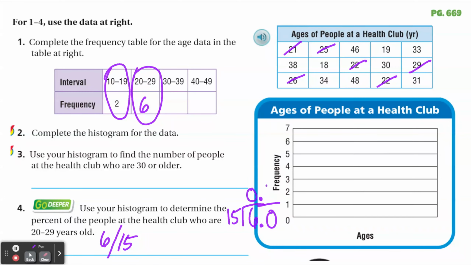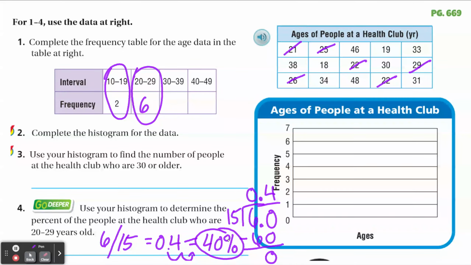So we can do 4 groups. Use all 60 of them. And so we have 0.4. And now we know that 0.4, I can move the decimal 2 times to the right, which would get us 40, which is 40%.